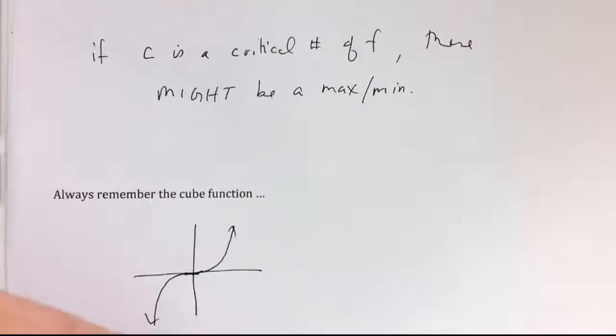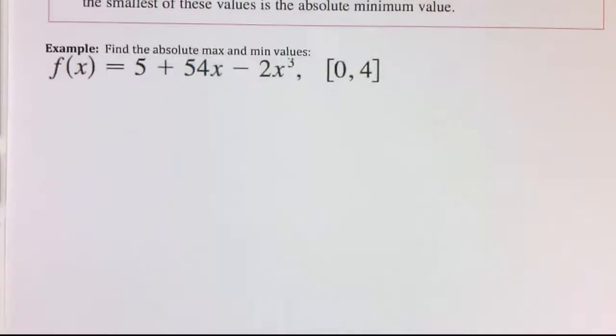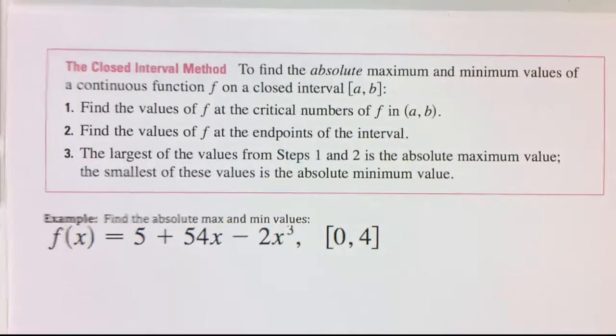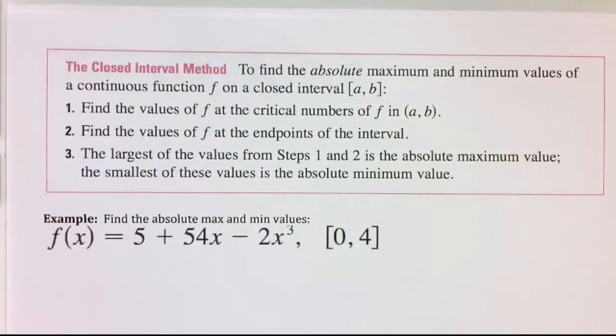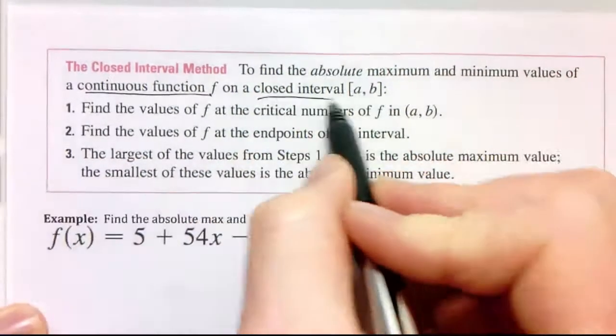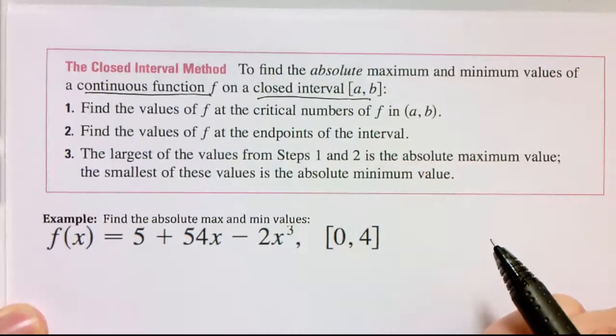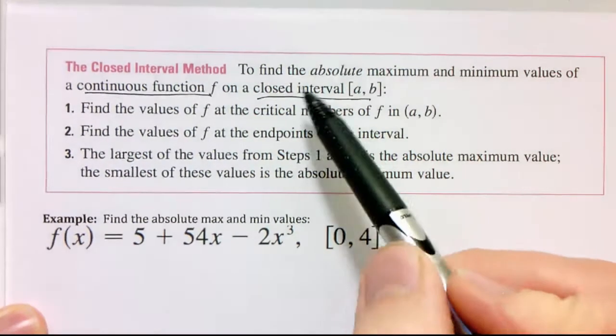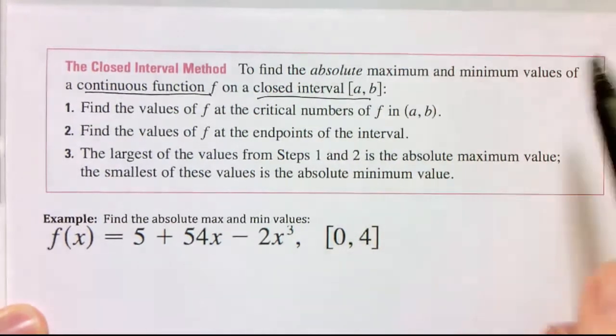So one of the things we're going to be very interested in as we go forward here is finding these absolute max values and these absolute minimum values for a variety of different functions. If we have a function which is continuous on a closed interval, then we have a method called the closed interval method, which is a technique that always works, 3 steps, and is guaranteed to find for us the absolute max and min values.